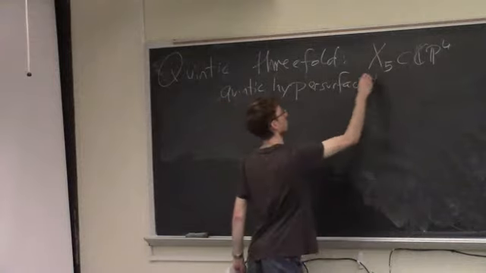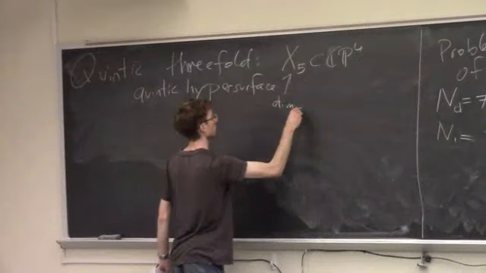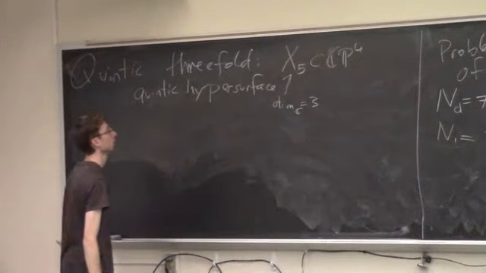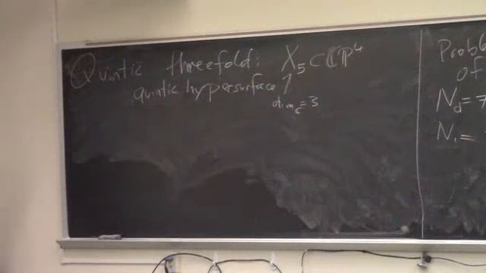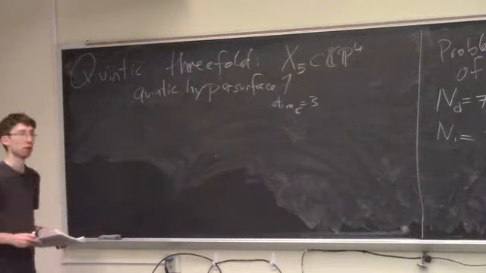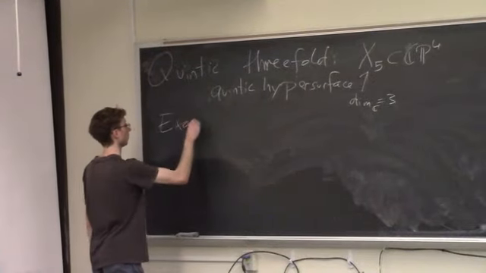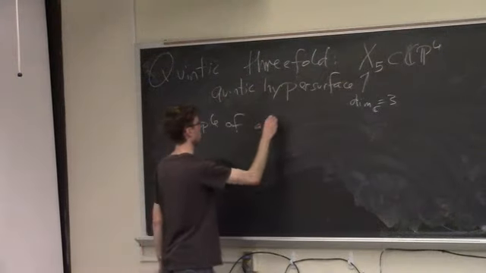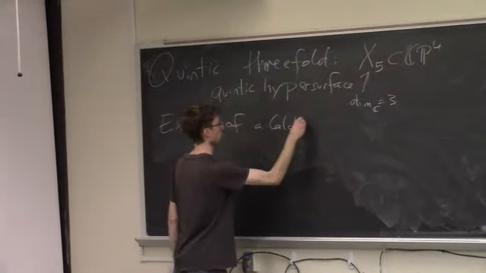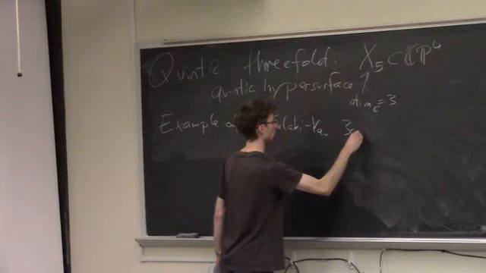It's called a threefold because the complex dimension is 3. And why we study this particular manifold is because of its very special geometry. It's an example of a Calabi-Yau threefold.